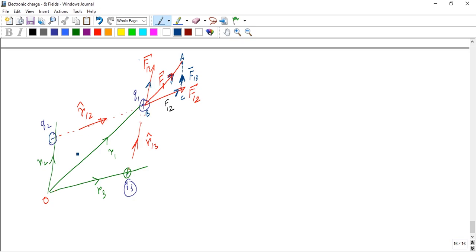If Q2 is a negative charge, I think that may be a change, because force F12 is actually in that direction. So F12 is in that direction, and Q3 is a positive charge, Q1 is a positive charge.